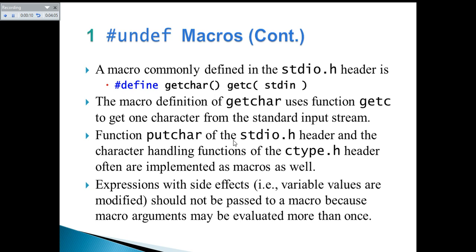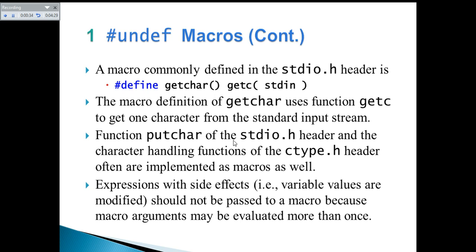The function getchar is defined in stdio.h. It is commonly defined with the help of some other function that is defined in stdin. The macro definition of getchar uses function getc to get one character from the standard input stream.